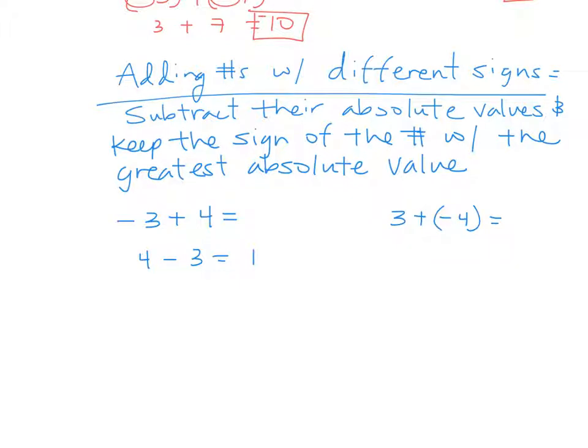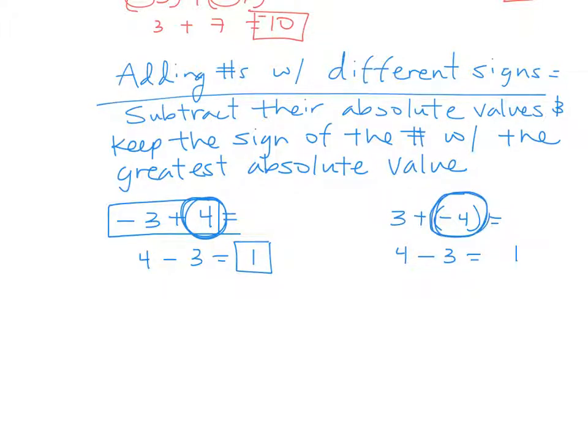Well, the same would be true over here. 4 minus 3 is 1. The difference is on the left side here, the bigger absolute value is the 4, right? The 4 is positive, so your answer is positive, okay? On this one, the bigger absolute value is the -4, right? 4 is bigger than 3.